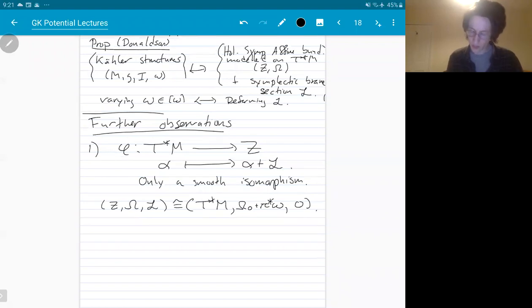This is maybe a better global picture, but it's more difficult to see that it is actually holomorphic symplectic. What you would need to check is that if you take this form, let me call it omega, it defines a map from T to T star, where T is the tangent bundle of the cotangent bundle.